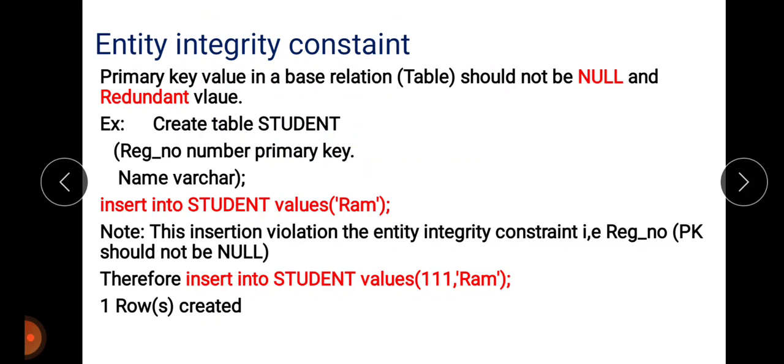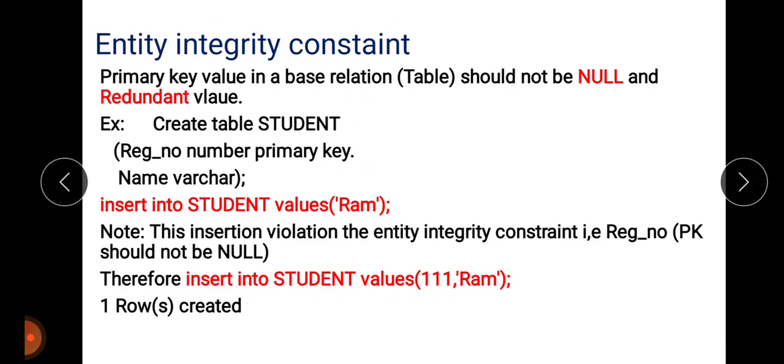The main concept of the entity integrity constraint is that it is violated when we try to manipulate the data in a table, and in that table itself we find a violation. The same table where we find an error, that is entity integrity constraint.